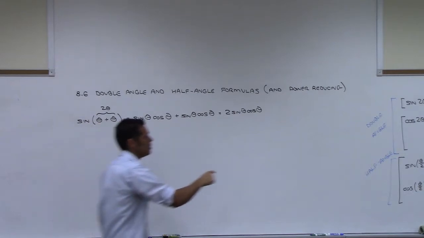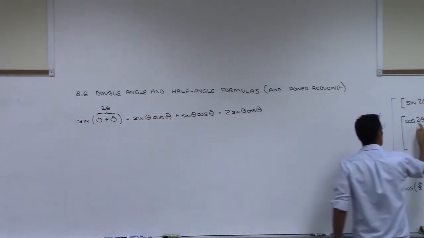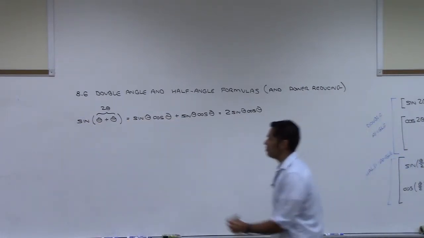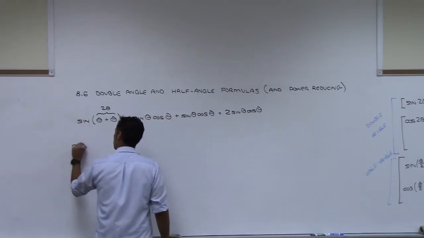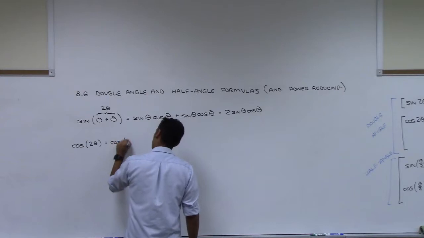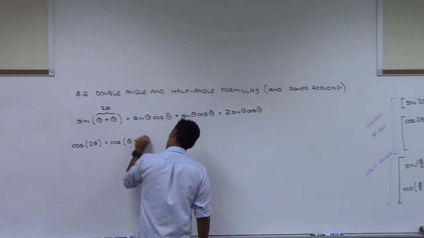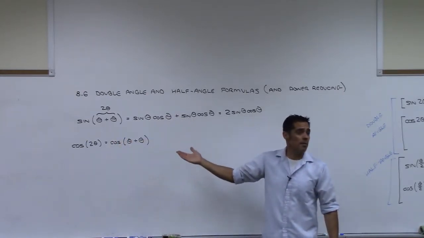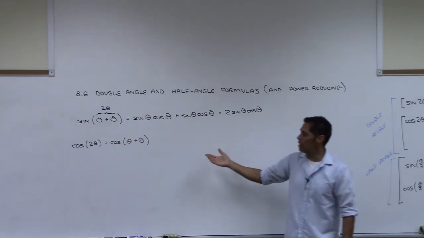Let's try and establish this formula, cosine of 2 theta. So I'll actually write 2 theta first. Then I'll write that as cosine of theta plus theta. And then I can use the formula from last class again, the sum difference formula.